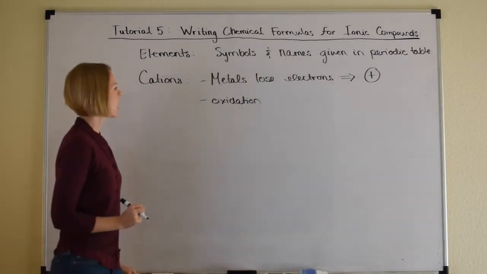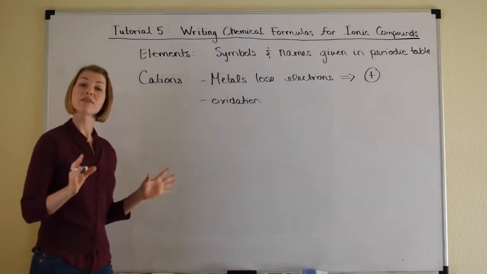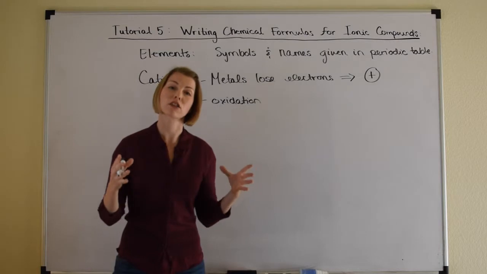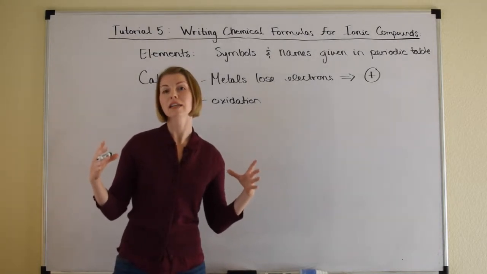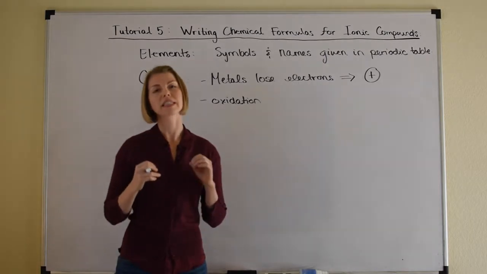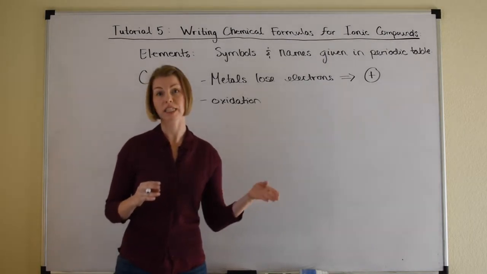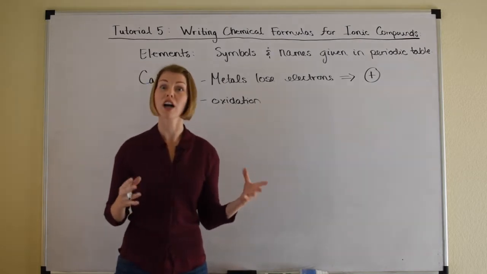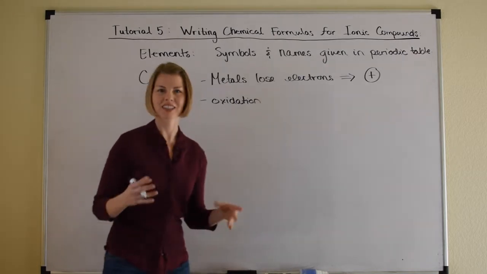Typically your metals are going to lose all of their valence electrons. The goal is to lose all of the electrons in the outermost energy level, the valence electrons, so as to simulate the stable electron configuration of the most recent or preceding noble gas. Remember that your noble gases have octets, so really the goal is to achieve an octet.